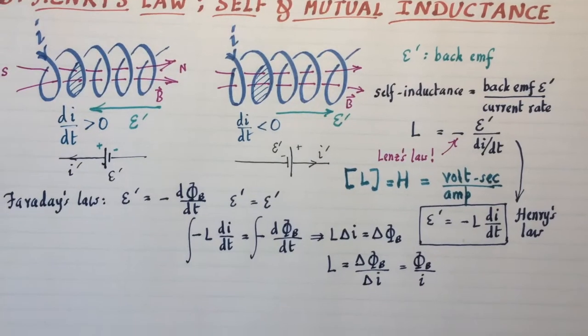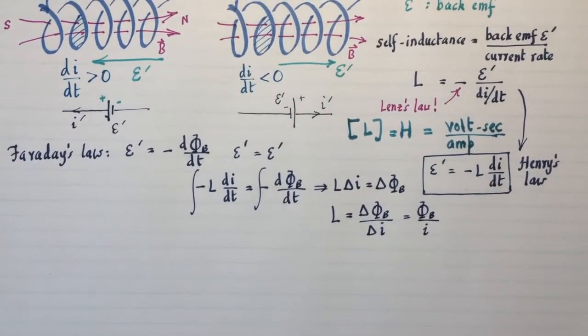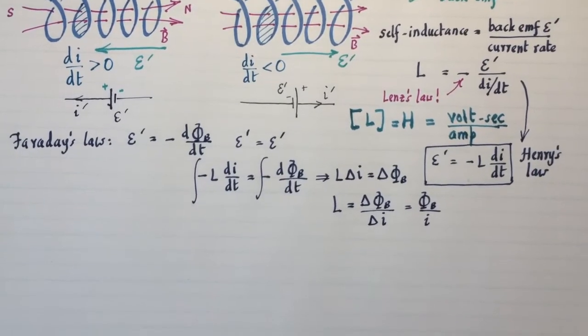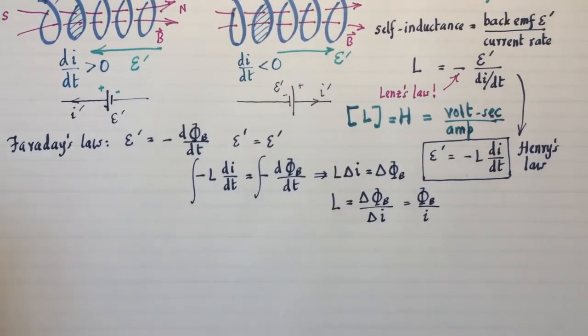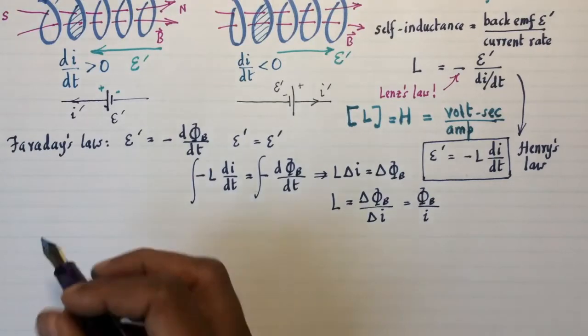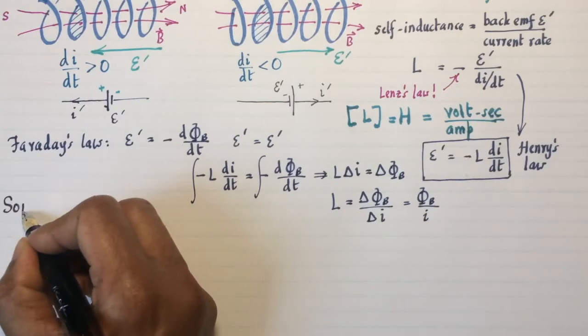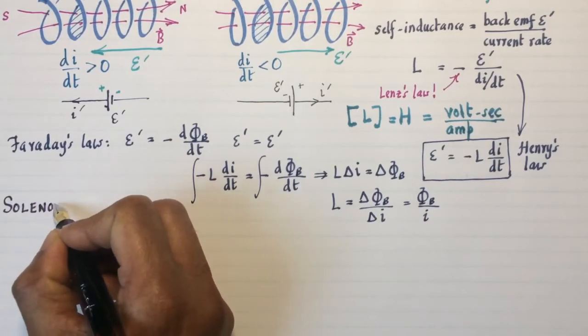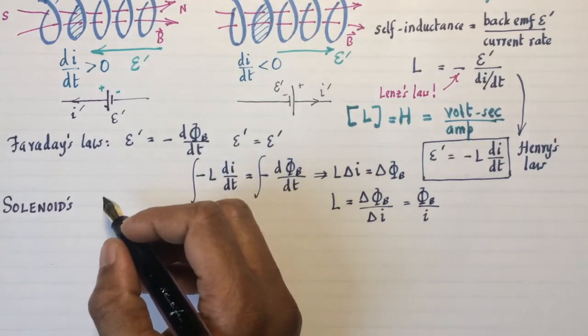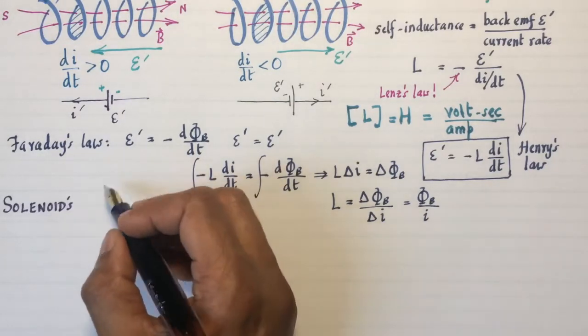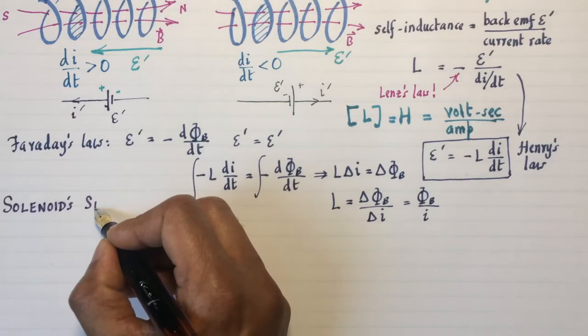Now there's one important object whose self-inductance is sacred, almost as sacred as a parallel plate capacitor. This is the parallel plate capacitor analog of inductor theory, and that is a solenoid's self-inductance. So let's focus on that. And when I close this video, I'll talk a little bit about mutual inductance, but not too much. It's sort of a peripheral aspect of this course.